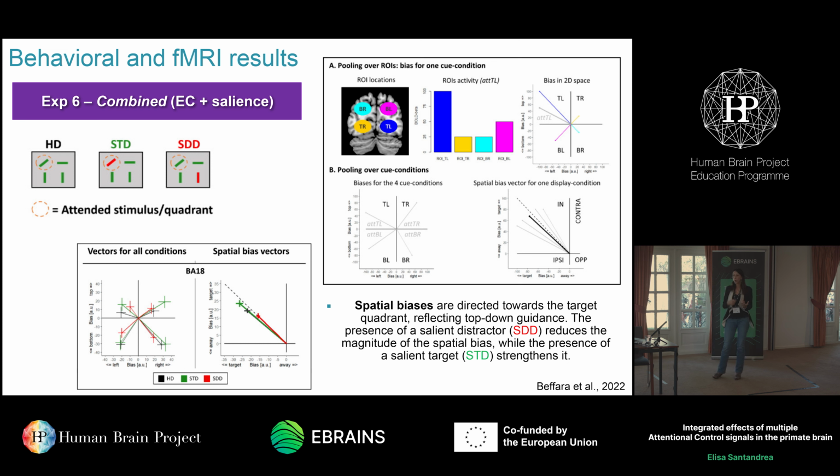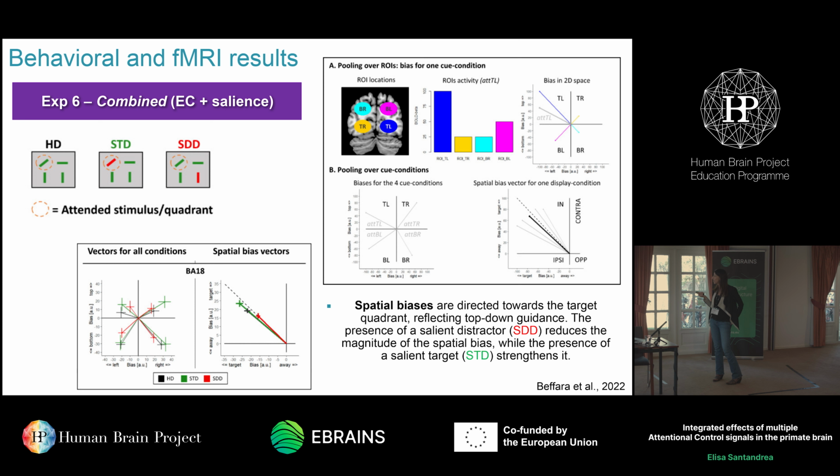And we computed all the spatial vectors in all conditions. And what we found was that the spatial bias vector, so the direction of attention, is obviously under the influence of top-down guidance, which is reported as the vector here, that goes towards the target quadrant, which is depicted in black.